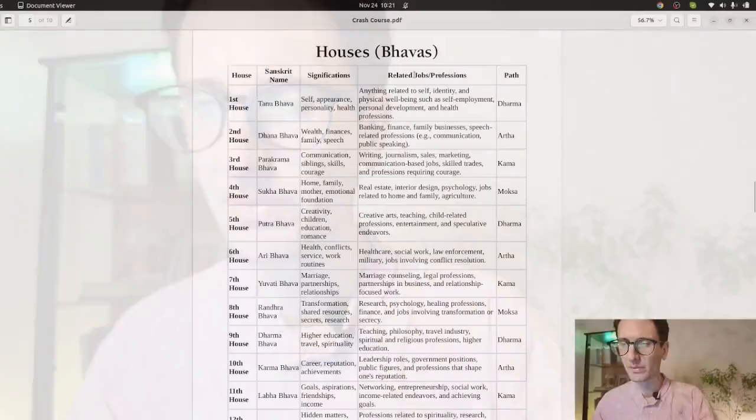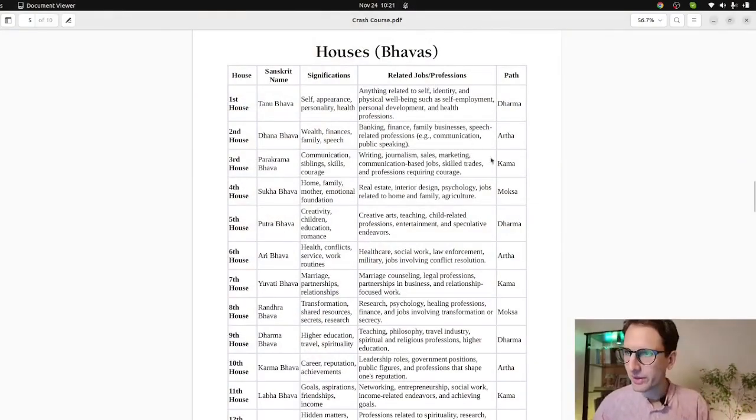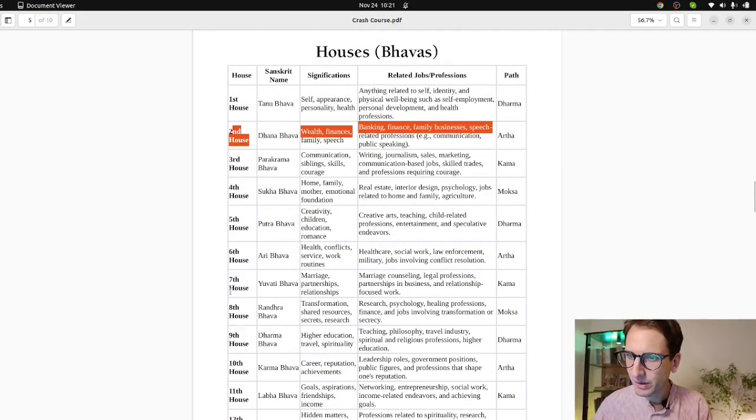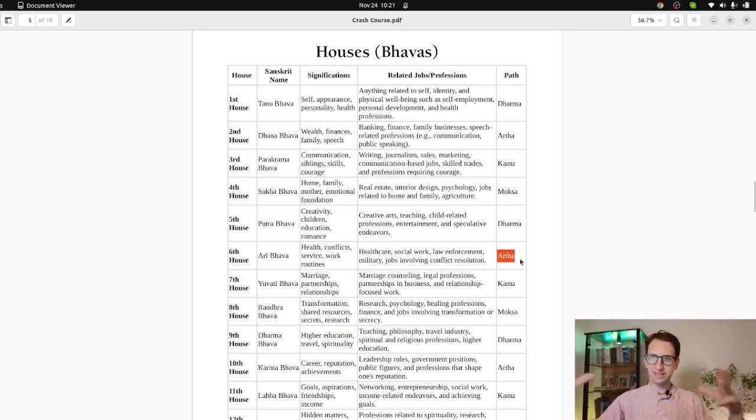Then, we have talked about the Dharma houses, and we have covered the karma houses. We have not yet talked about the Artha houses, right? Sorry, I'm just checking I'm on the right screen. So let's go back. So we have the 2nd, 6th, and 10th as the Artha houses, the pursuit of wealth, to gather assets.